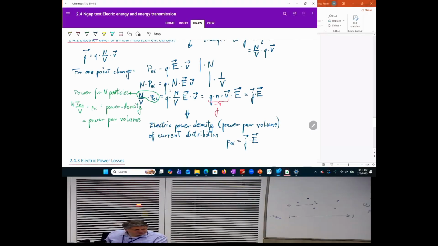Note the dot in there, that is an inner product. The power is not a vectorial quantity, right? The electric field and the current density are. And this would be our equation 2.27, if you refer to the lecture notes.